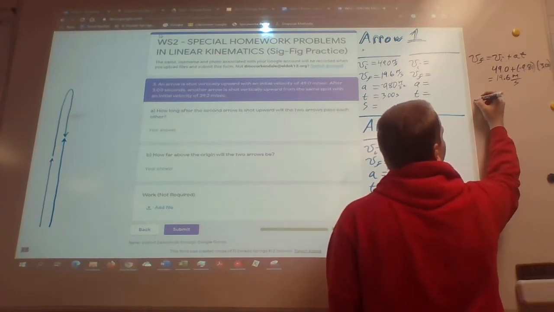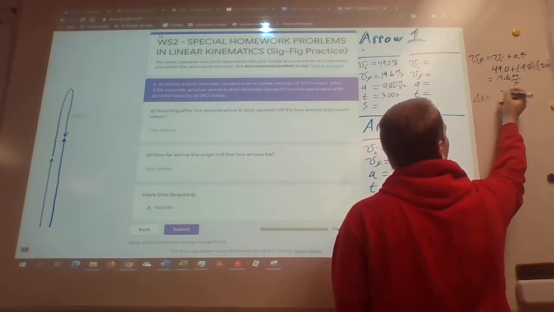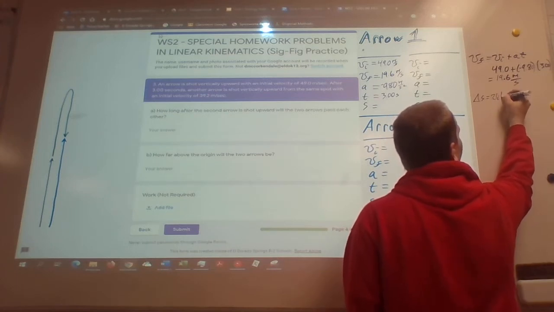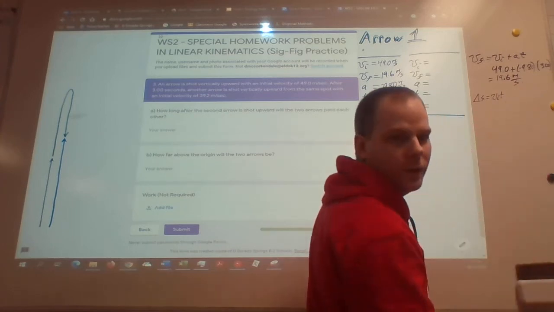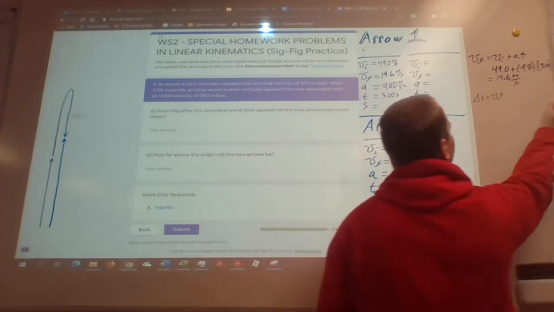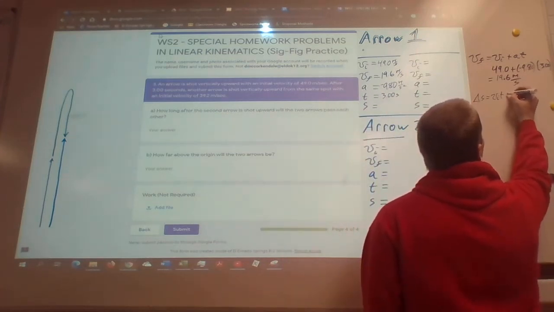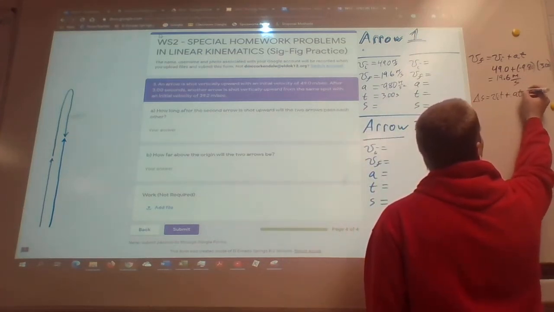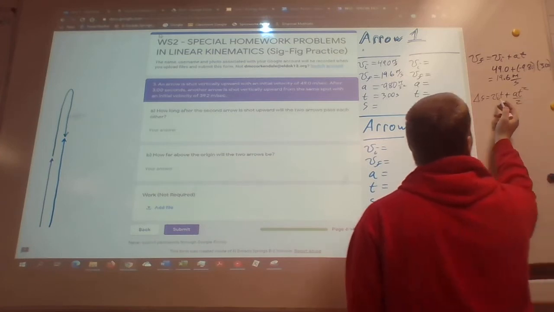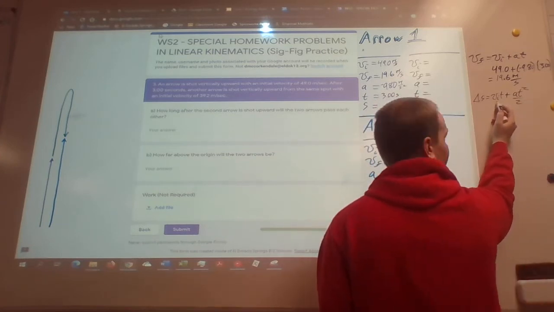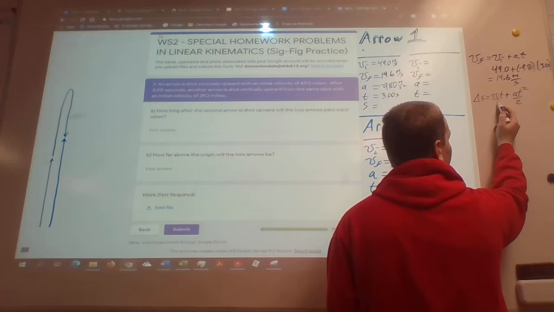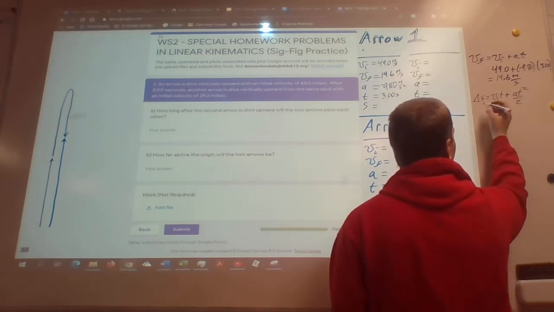So delta S is equal to VIT. Can you see that, or am I writing too small? You can see that, okay. Plus AT squared over 2. VI is not 0, so we can't get rid of this. So we're going to be filling in all of these.